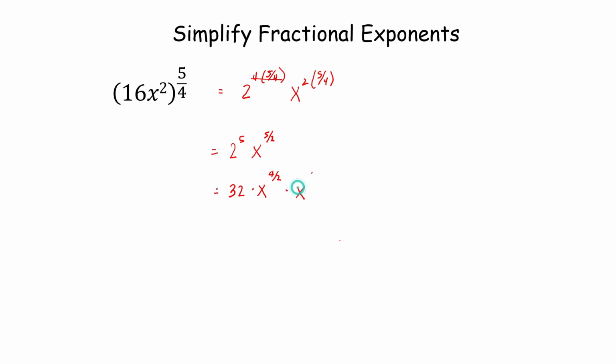Times x raised to 1 half. The reason why I'm doing that is because I can simplify that x raised to 4 over 2. That's the same as x squared. So the final answer is going to be 32 x squared. And that x raised to 1 half now can be expressed as the square root of x. So here you go. That's the final answer for this particular problem.